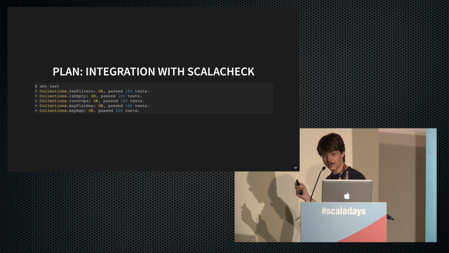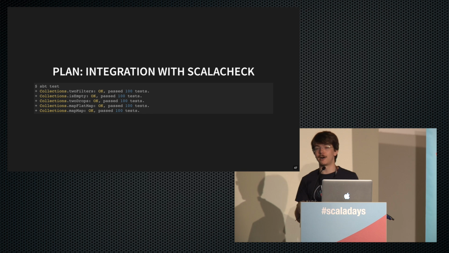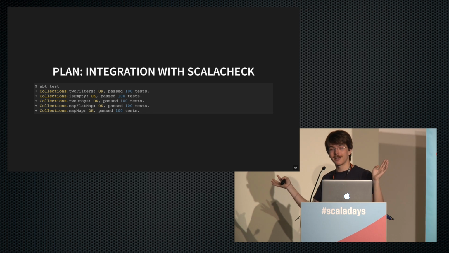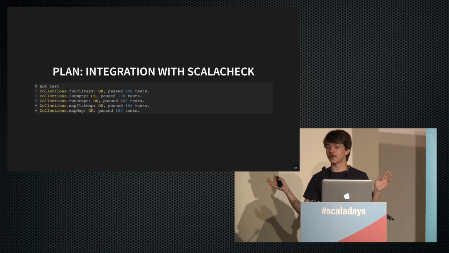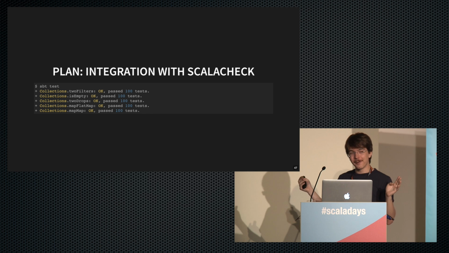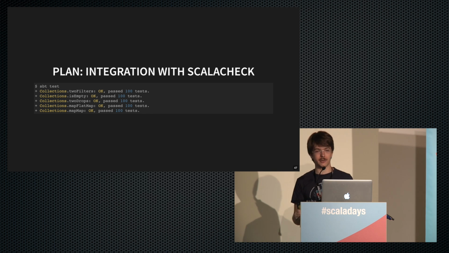By the time I showed you all these rewriting rules, which can come from any library on your class path, you should be scared. They can break everything. They can replace all the truths in your program by false. So from the start, I want this to be integrated with testing.